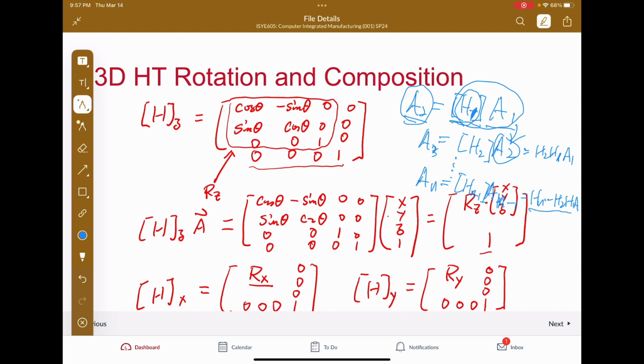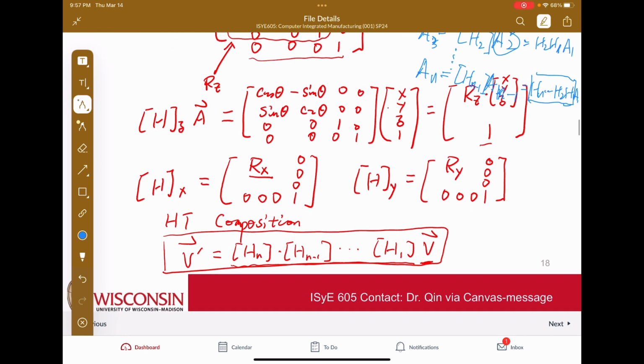So all this stuff is a combination of the transformation matrices. So this is how we do the composition, the combination of the multiple operations. So what you need to know is that the first operation will be at the most right, and then you add more operations to the left.